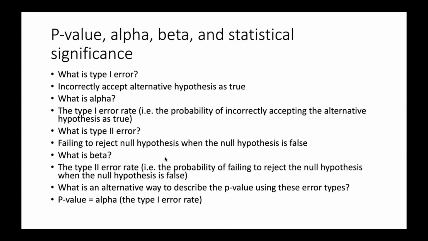So if you look at the definition of type 1 error, that's kind of saying the same thing, that you're incorrectly finding a difference, or finding a difference when there is no true difference between the two groups.